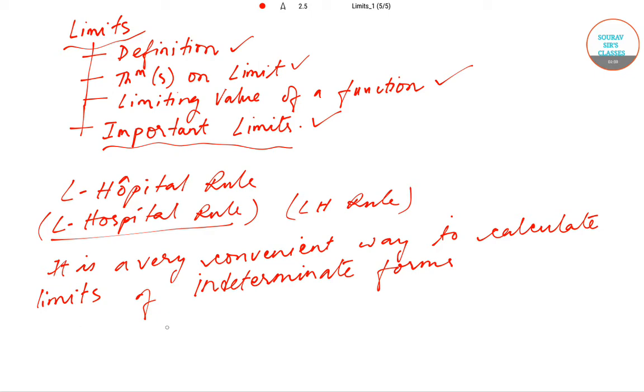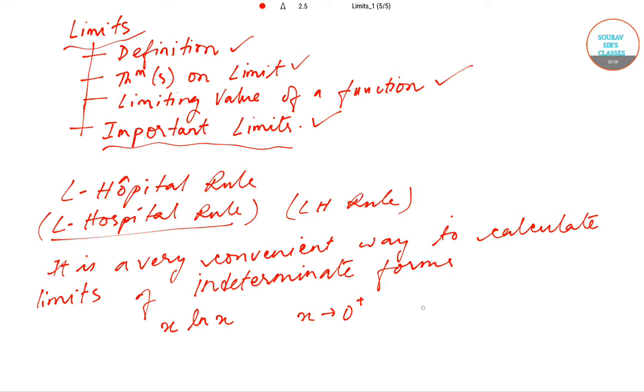Suppose we consider the function x ln x as x tends to 0 plus. As you can see, ln 0 is undefined, and ln of 0 tends to minus infinity.